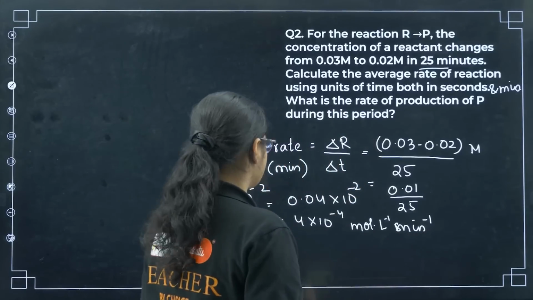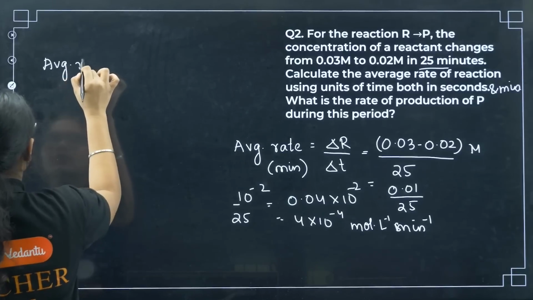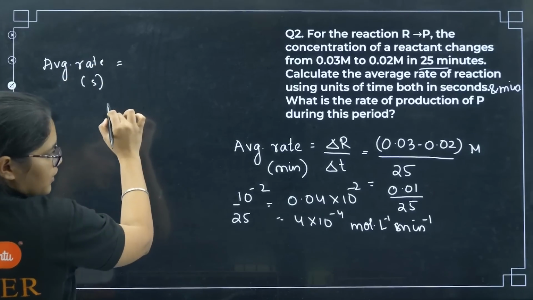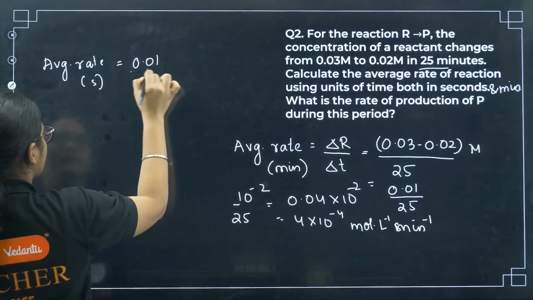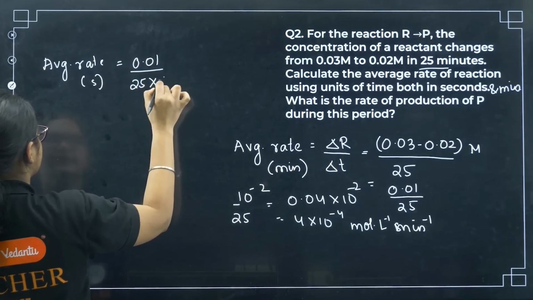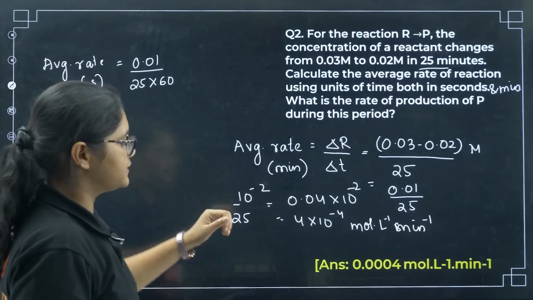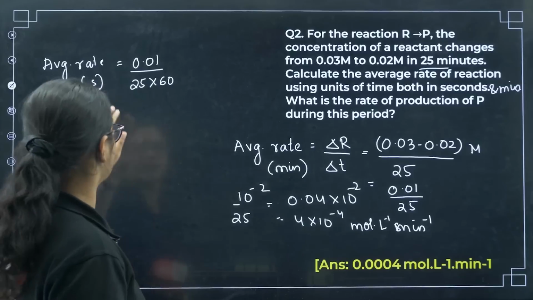Now the same thing, if you want to calculate the average rate in seconds, then it is 0.01 divided by 25 minutes into 60 seconds. We have to solve this, and I have already calculated it in minutes, so for this one you can calculate in seconds.